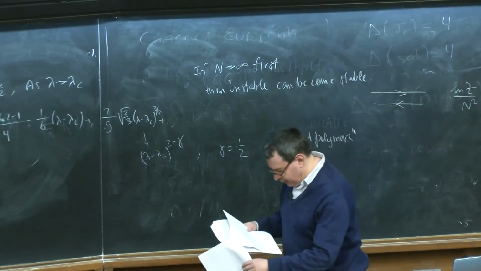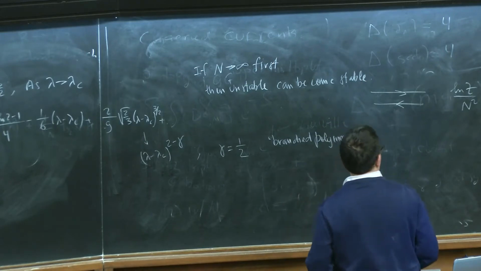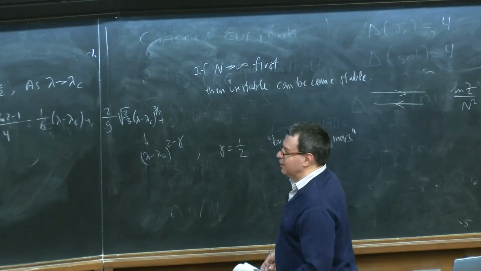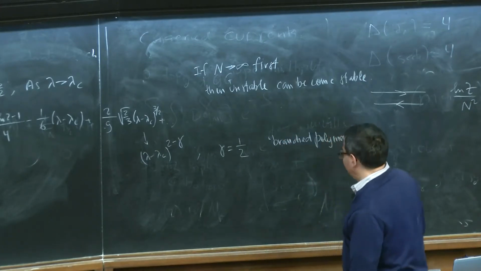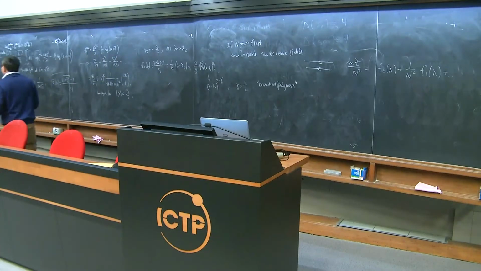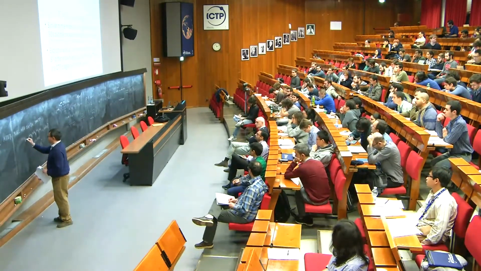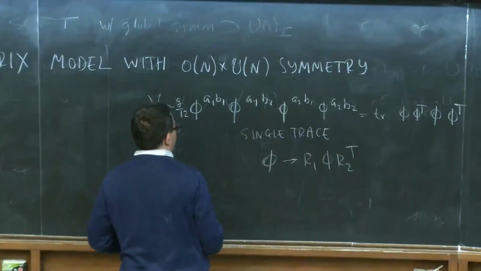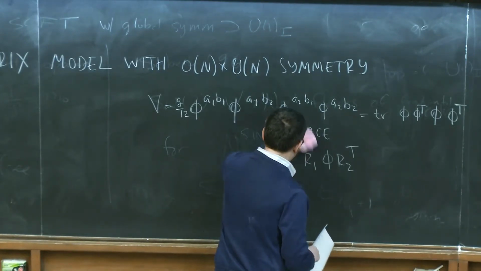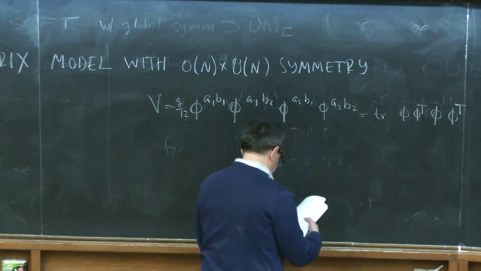So now let me discuss what happens in the matrix model, because in the matrix model, actually something nicer, or a bit different, can happen if you take the single trace interaction. So if you take the matrix model with this single trace interaction and put here g over 12, for example, then you can just proceed to evaluate the graphs first by brute force and then by a more clever method.